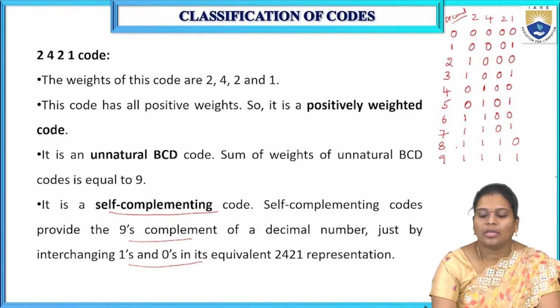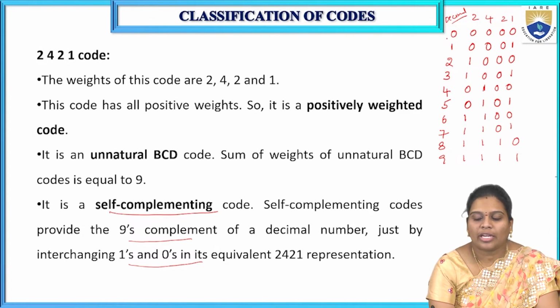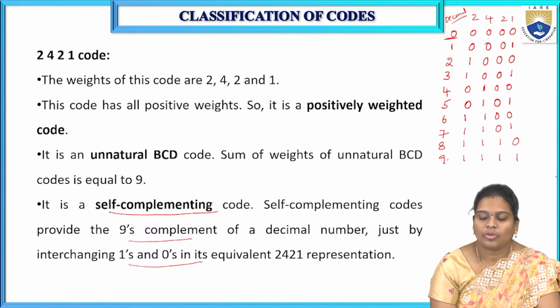Okay. So let's see. First we are taking the 0. Apply the 9's complement of this 0. 9 minus 0. So we are getting the 9. Similarly, our decimal value is the 1. Apply the 9's complement of this one. 9 minus 1 is the 8.